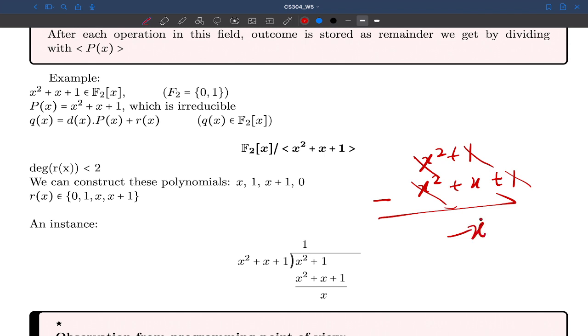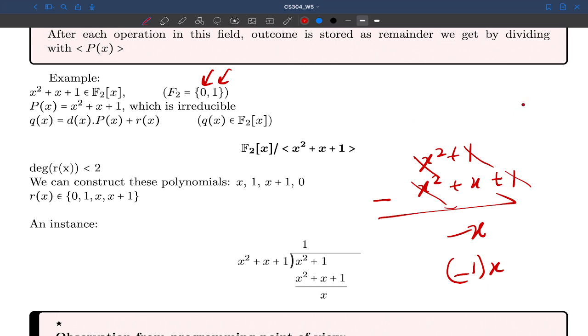But minus 1 can't be a coefficient, because we can have coefficients either 0 or 1. Here I am getting minus 1 as a coefficient, minus 1 times x. Whenever we get negative terms under some modulo, we just add that modulo term.